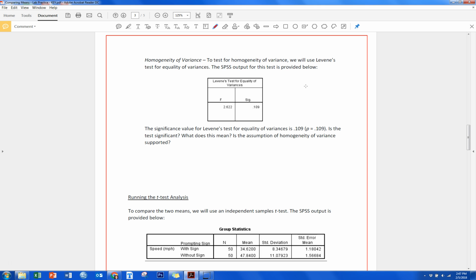When you run a t-test, which is what we're dealing with here in SPSS, let me clarify, when you run an independent samples t-test in SPSS, it's going to run this test for you, Levene's test for equality of variances, and then we'll interpret this. Students often have a lot of trouble interpreting this.